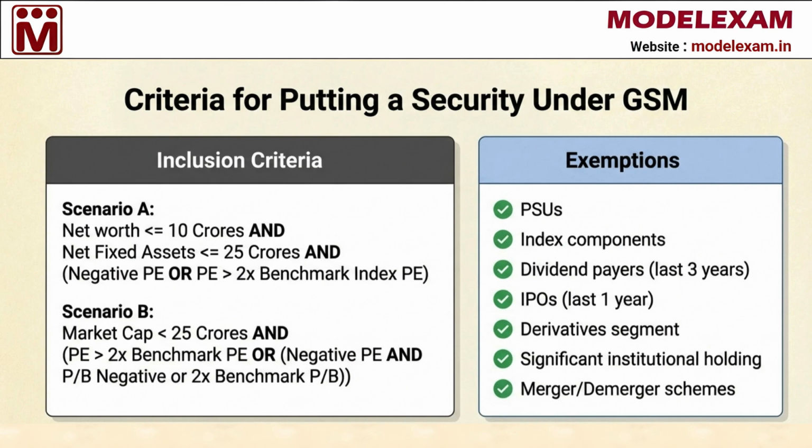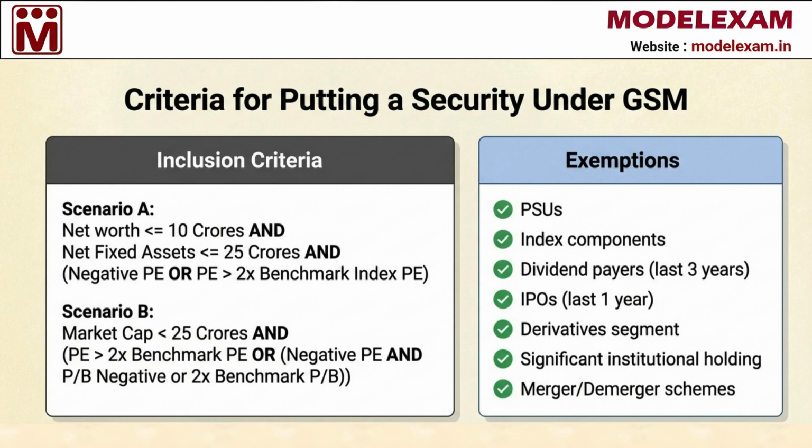So, what exactly gets a security put into this GSM category? There are strict inclusion criteria based on the company's financial health. In scenario A, we look for companies with a net worth of less than or equal to 10 crores and net fixed assets of less than or equal to 25 crores.